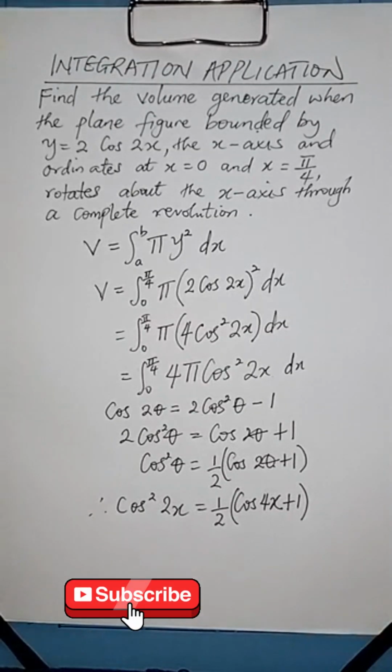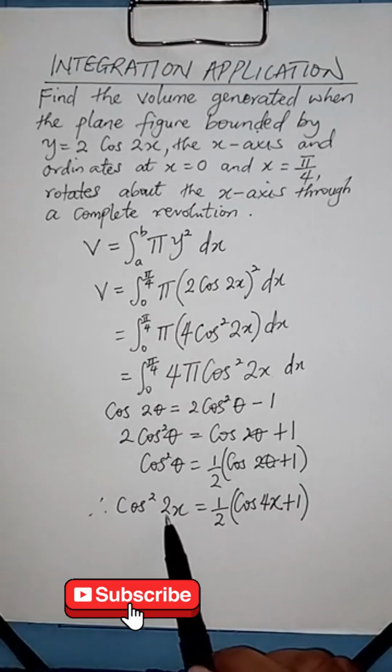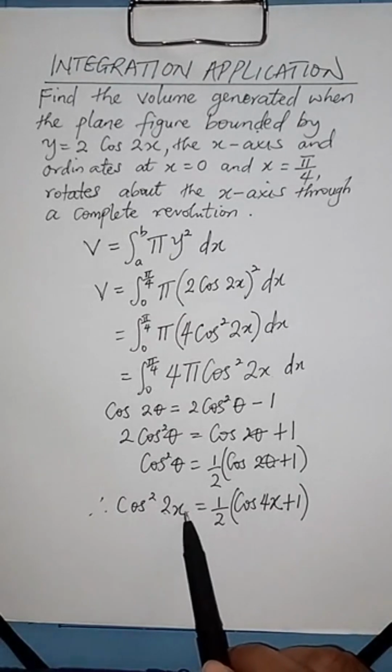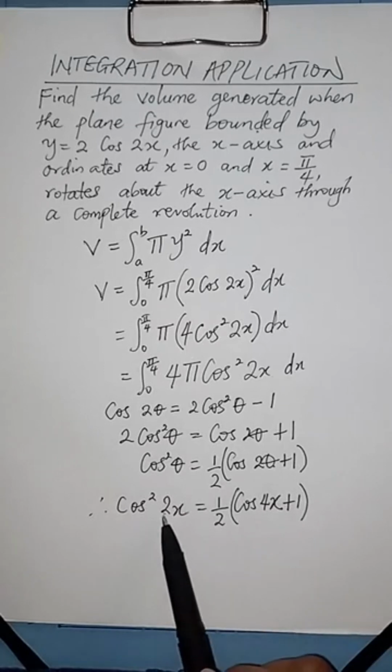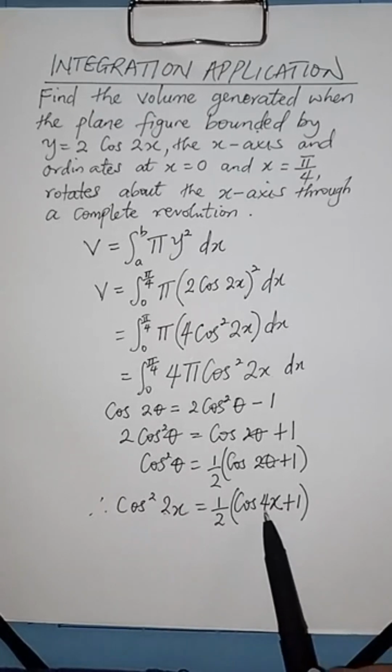I hope it makes sense. Since there is 2x here, if there was no 2 here, it would be 2x. But because of this 2, it has to be 4x, then plus 1.